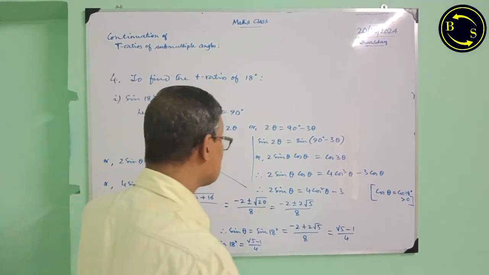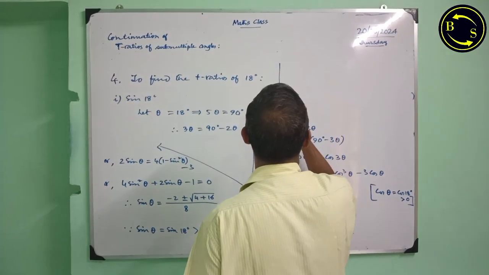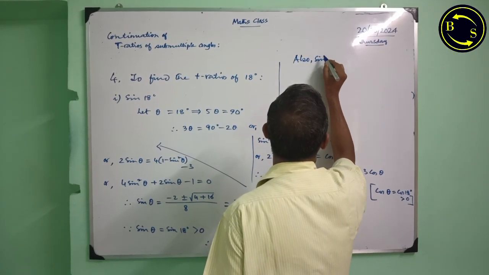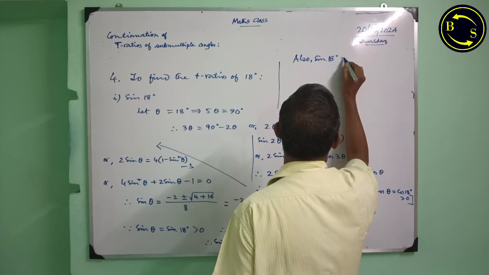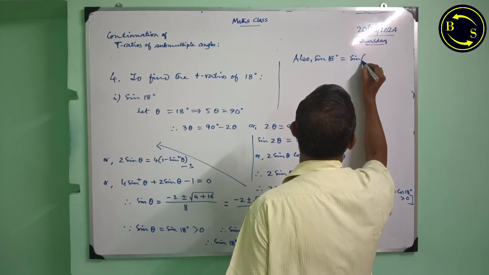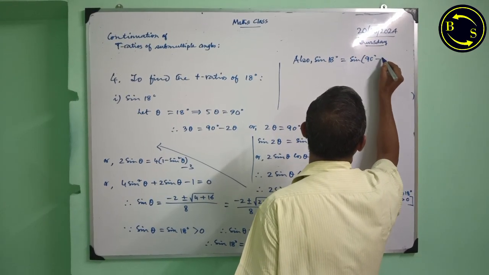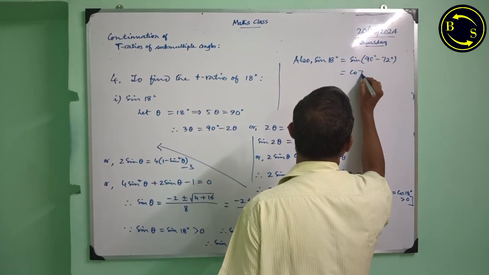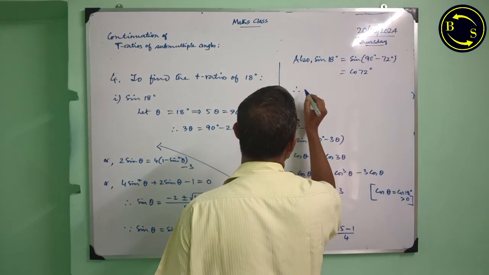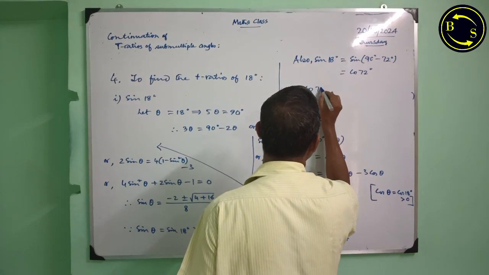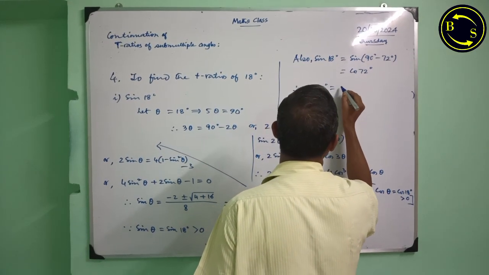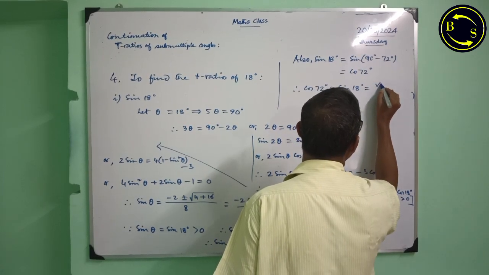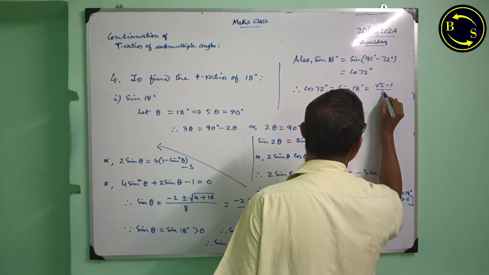Again we know also sine 18 degree is sine of 90 degree minus 72 degree, that is equal to cos 72 degree. Therefore, the value of cos 72 will be equal to sine 18 degree, that is equal to root 5 minus 1 by 4.